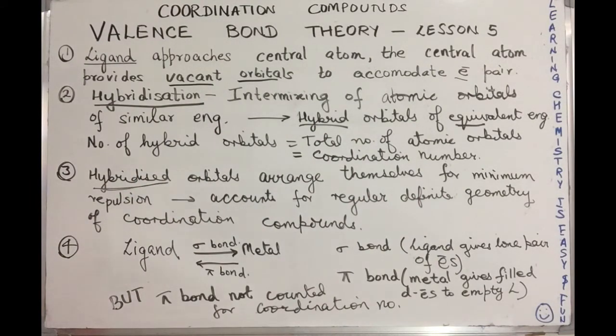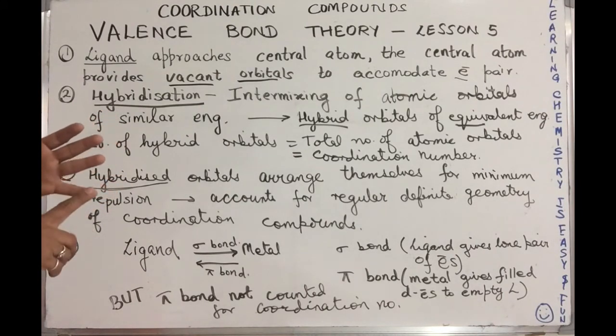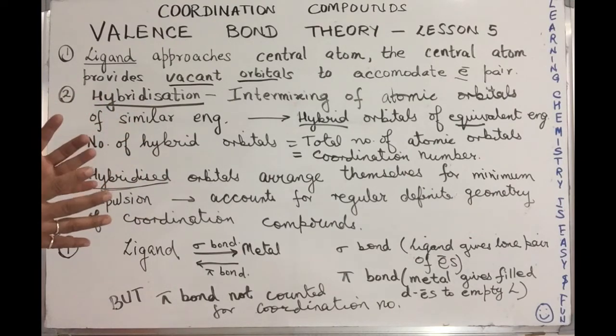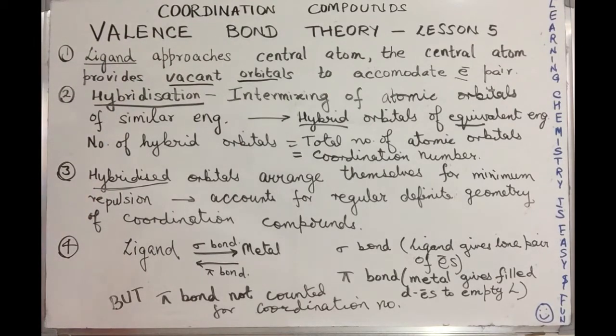Right? An interesting point over here, if you've already studied ligands and hybridization, is that you do lone pair-bond pair repulsion, lone pair-lone pair repulsion, right? Now, all those forms of repulsion do not come into play in the case of coordination compounds.